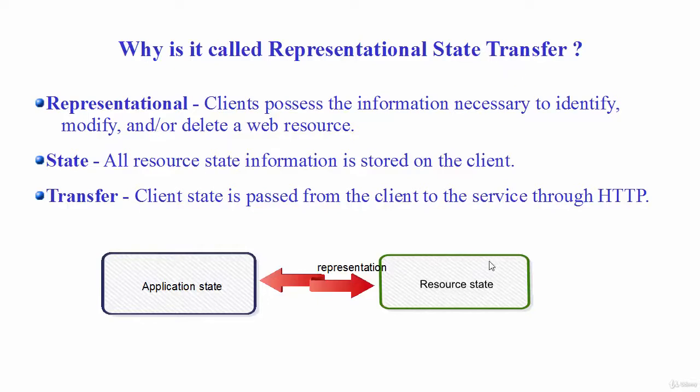So we are using the representation of a resource to transfer this resource state which lives on the server into the application state which is on the client. Okay, so representational because the client possesses the information necessary to identify, modify or delete a web resource, and the client decides which form of representation of the result.